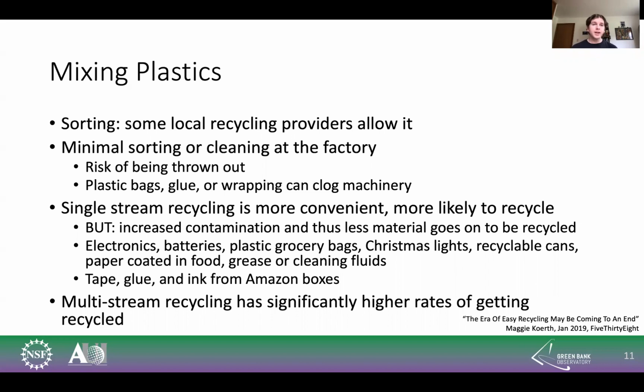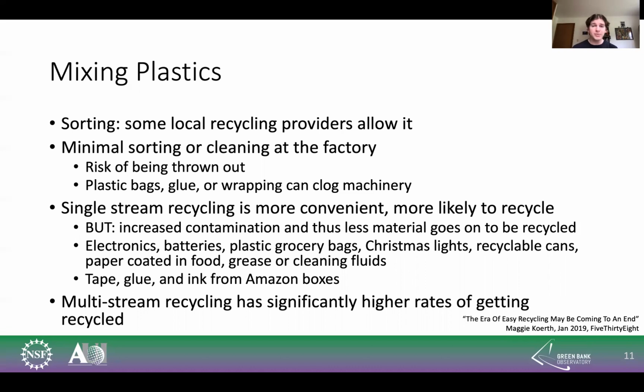In a lot of cases, single stream sorting is available now, as the machinery itself in the factories is able to handle that sorting. However, oftentimes there will still be a minimum level of sorting and cleaning performed. So always be sure to check what your facility, what your local area's streaming system is, to reduce the risk of materials being thrown out.